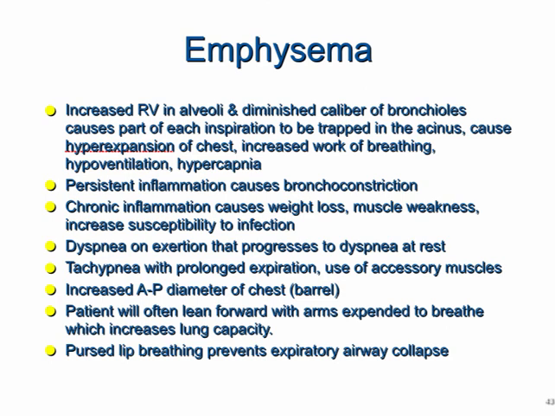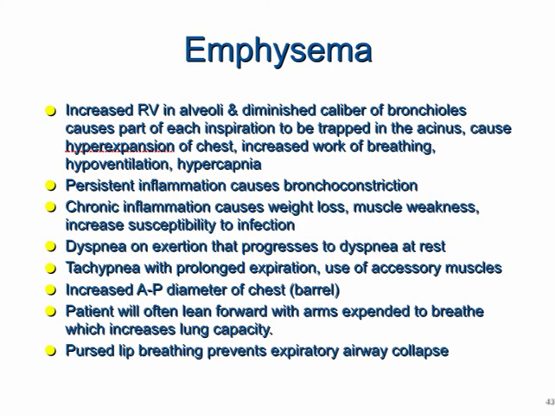There's an increase in residual volume in the alveoli and diminished caliber of bronchioles, just from the airway remodeling that they have. So once again, they have air trapping, hyperexpansion of the chest, increased work of breathing. They end up with hypercapnia, or elevated CO2 levels, and they have persistent inflammation. They tend to have weight loss, weakness.